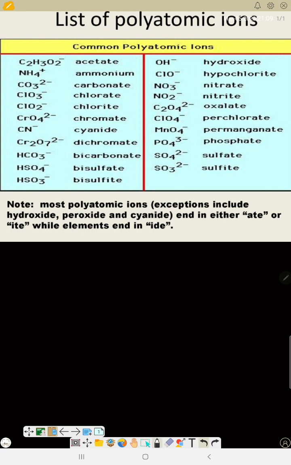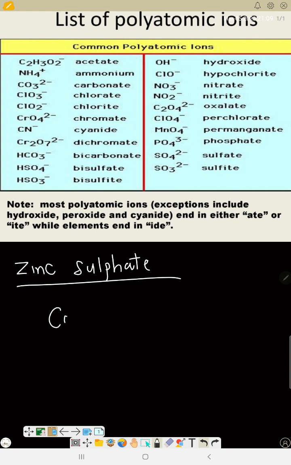So write this out. I'll just use the ones you have in the polyatomic ions. So write zinc sulfate, the full name zinc tetraoxosulfate(VI). So write the chemical formula. So write calcium nitrate, or calcium trioxonitrate(V).